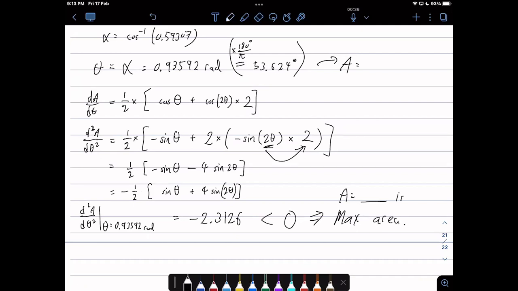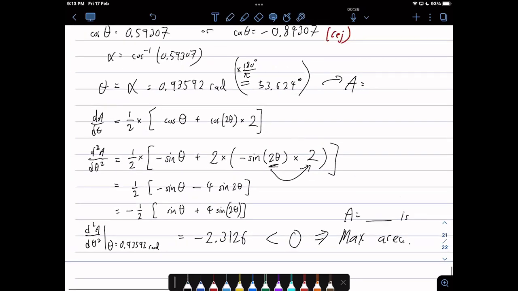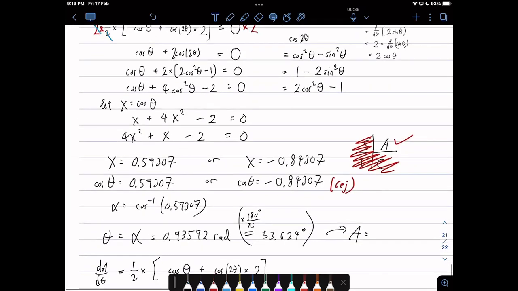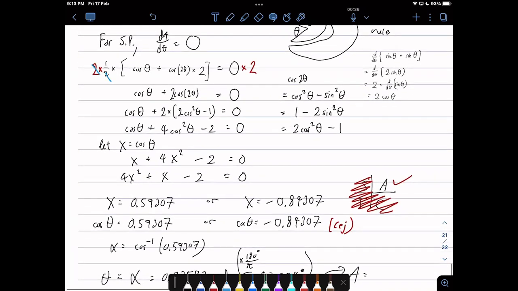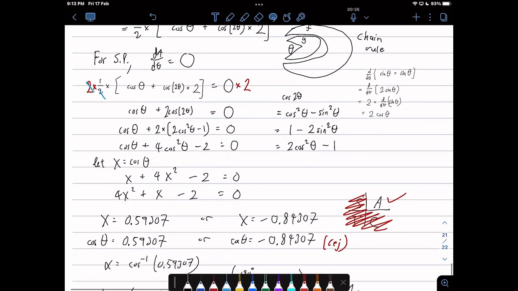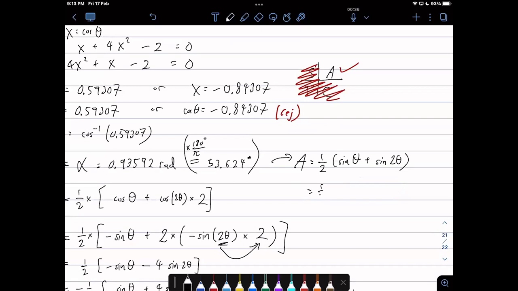But we haven't found the maximum area, so let's just do that. Even though I didn't ask for it, just follow the same procedure every time. So half times the sine of theta plus sine 2 theta. Let's type it in the calculator.